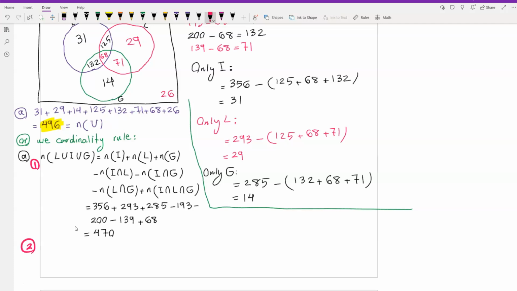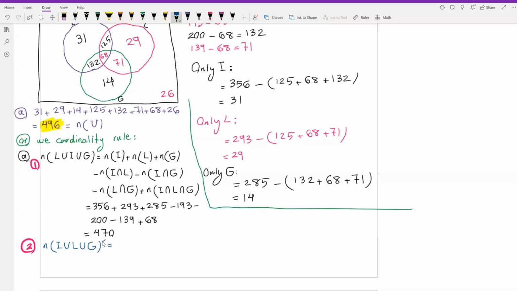Second step to find the answer for part A. So we have the number of elements in all of these with complement.